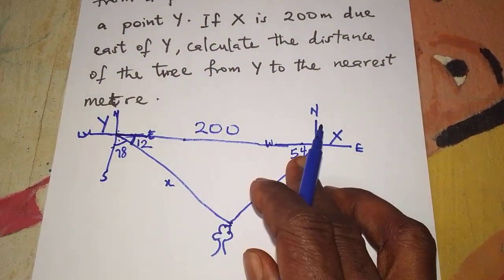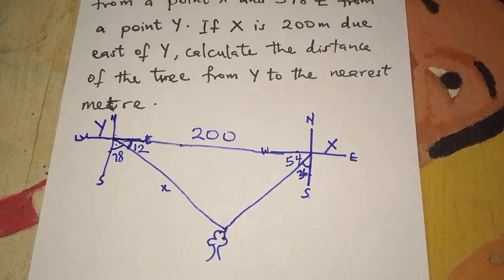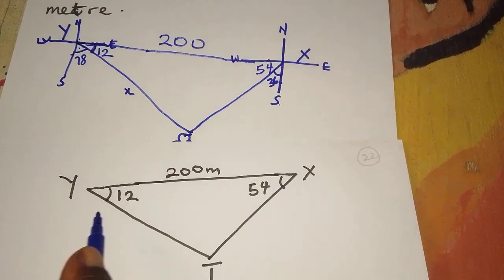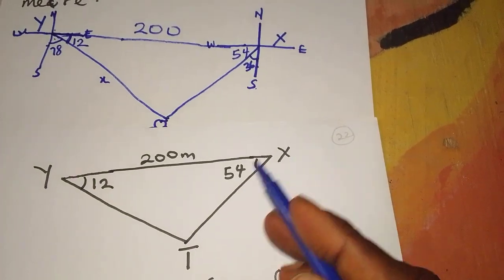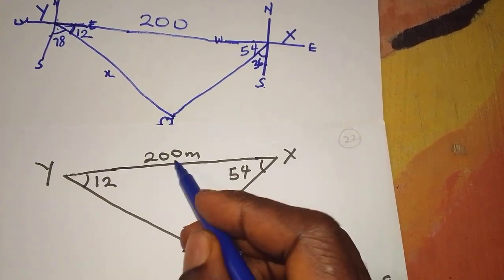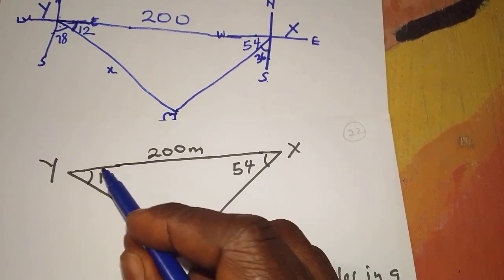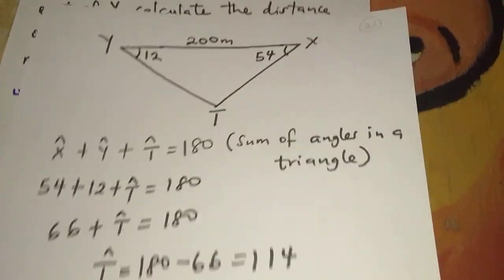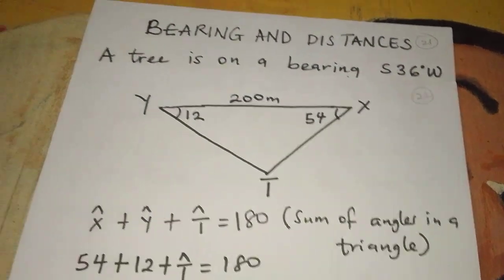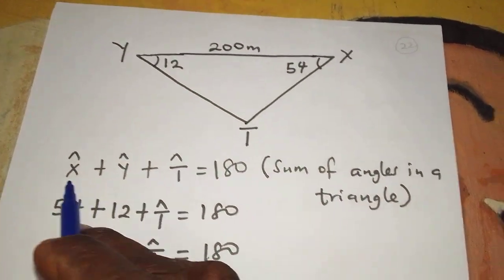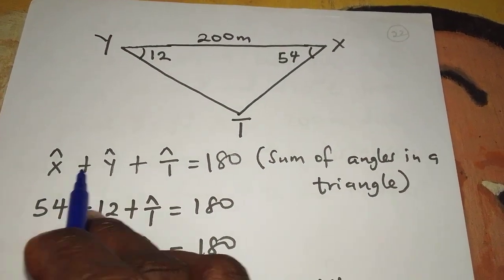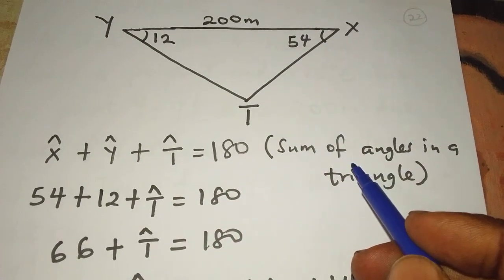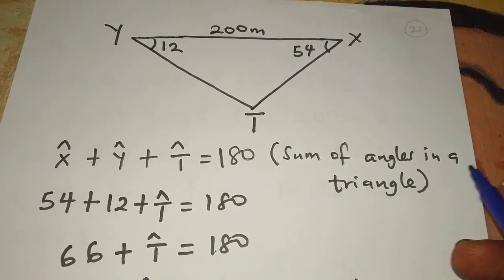So if we try to draw the triangle again, we are going to have this. This is the triangle. This is Y, this is X, this is T, where this side is the 200 meter distance. This angle is 12. This angle is 54. So now to get the third angle, if we add angle X plus angle Y plus angle T, it should be equal to 180, the sum of angles in a triangle.